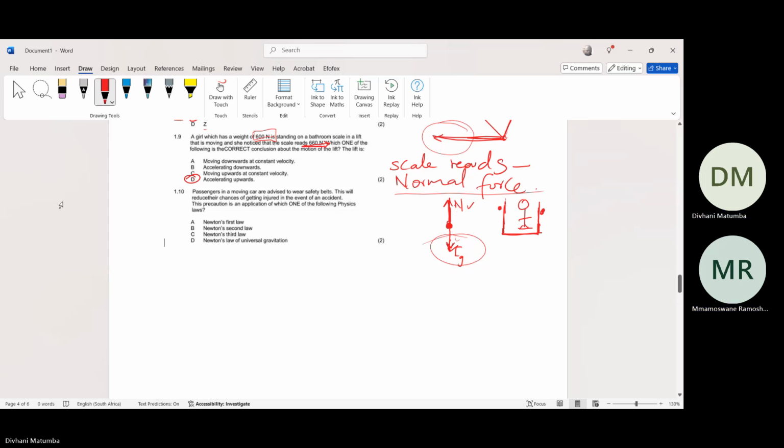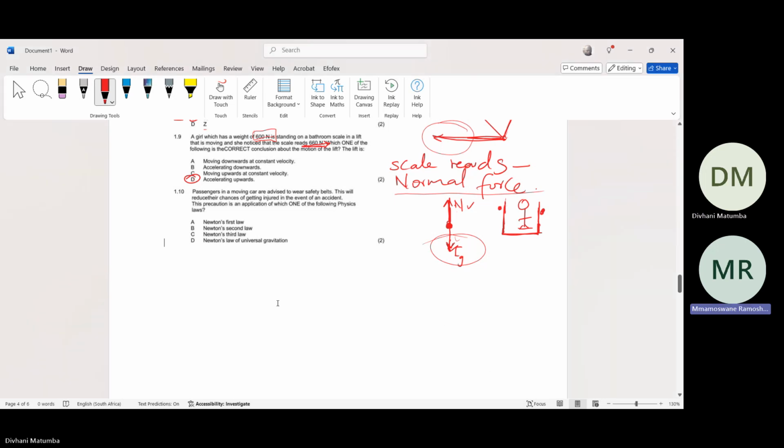Reduces the chances of getting injured in the event of an accident. This precaution is an application of Newton's first law.